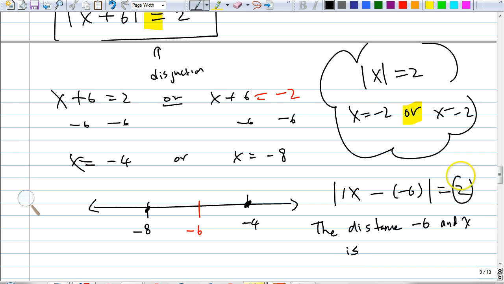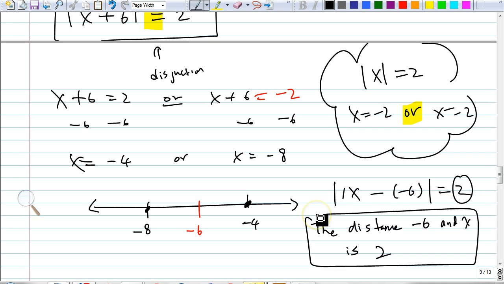How far is the distance? Oh, it's 2. Isn't that what they're talking about? The distance between -6 and x is 2. That's what it's asking. Do you understand? So when you have an equal sign, it's a disjunction.